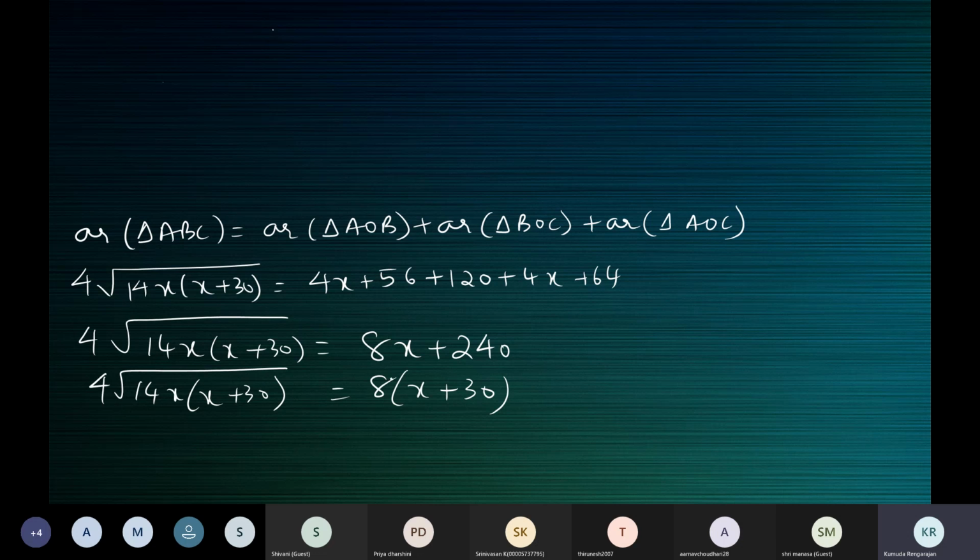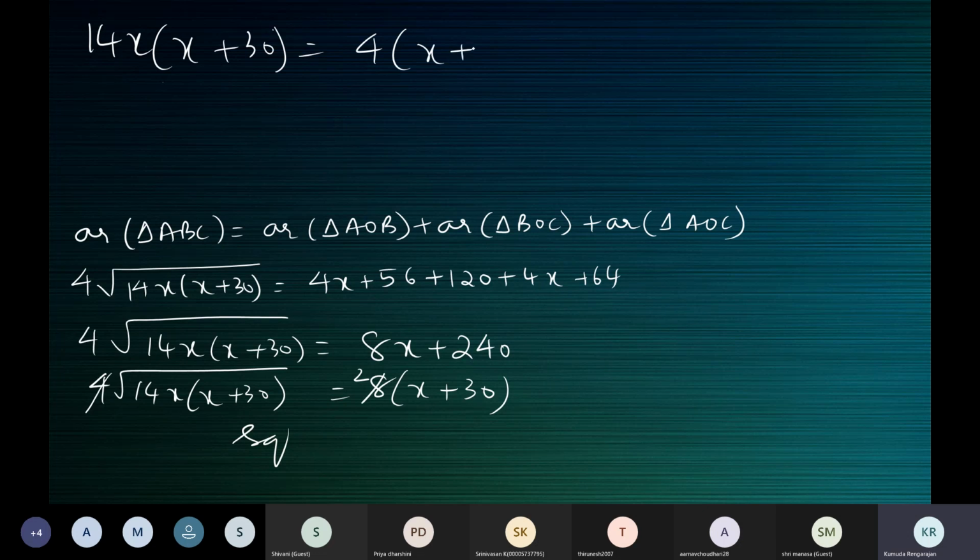See here, 4 1s are and 4 2s are. Now we'll square on both the sides. So you get 14x into x plus 30 is equal to 4 into x plus 30 the whole square.